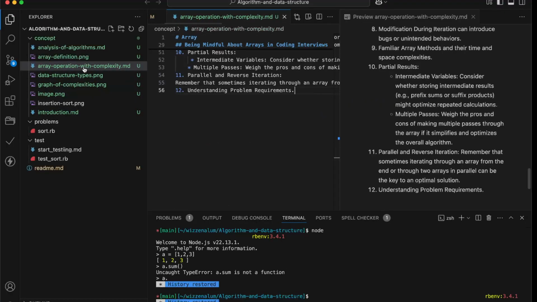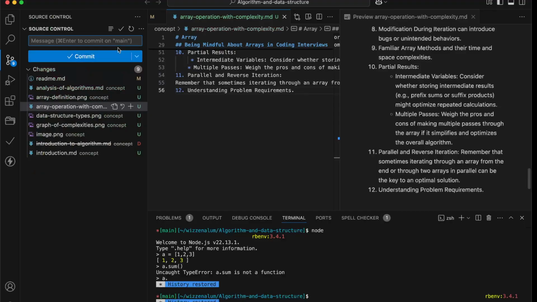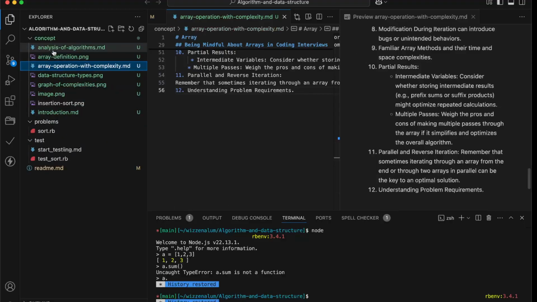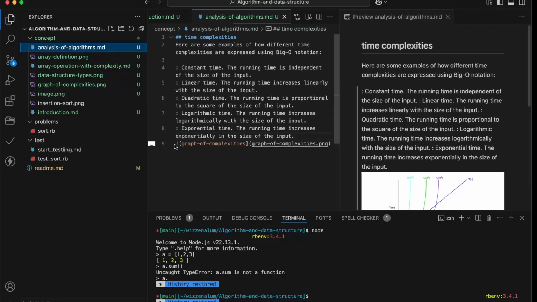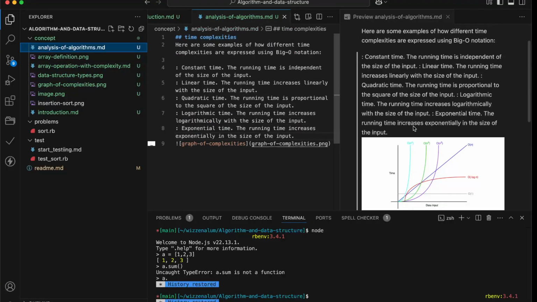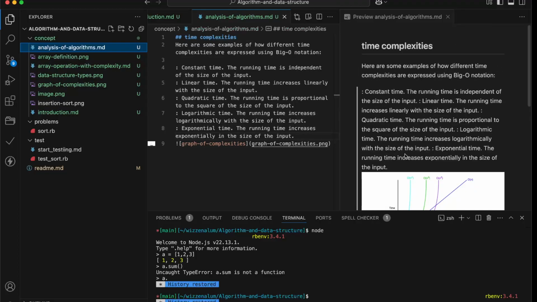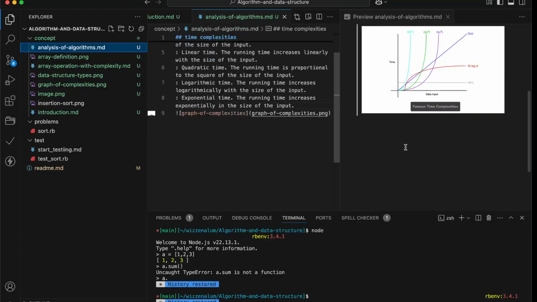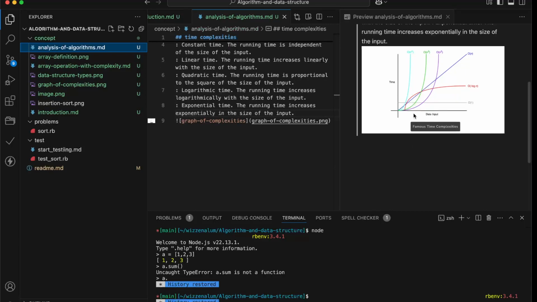If you see, I already added some details regarding analysis of algorithm. I didn't add a lot of details, but what I like is this graph actually.